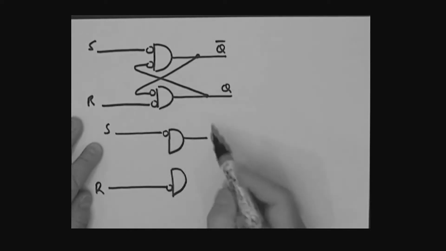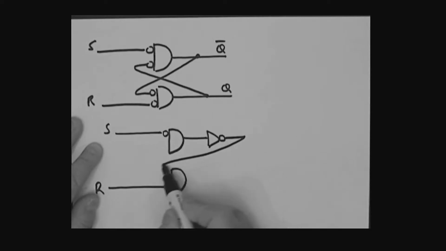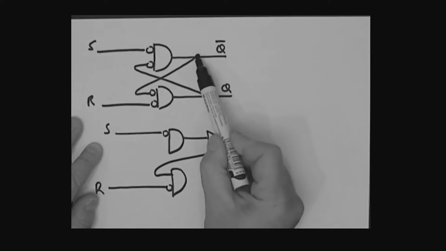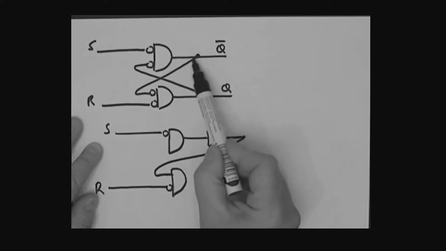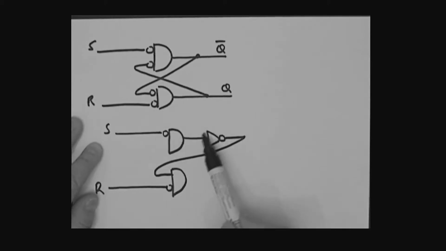It goes through an inverter. How about I put an inverter sitting there like this, and then I take this and feed it back in like so. You see that's the same? Look: AND gate, inverter, into the AND. AND gate, inverter, into the AND. It's the same thing, isn't it?